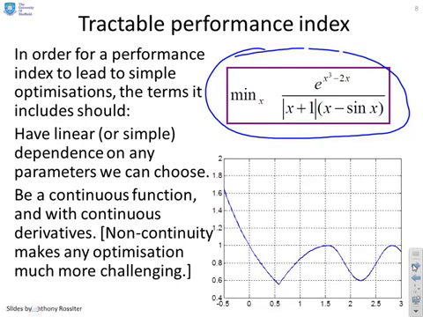But what about continuity? If I said to you, where's the minimum of the function that I've plotted down here? Well, hopefully you can all see that the minimum is actually down here. However, this function, if I write it, is discontinuous in the derivatives.